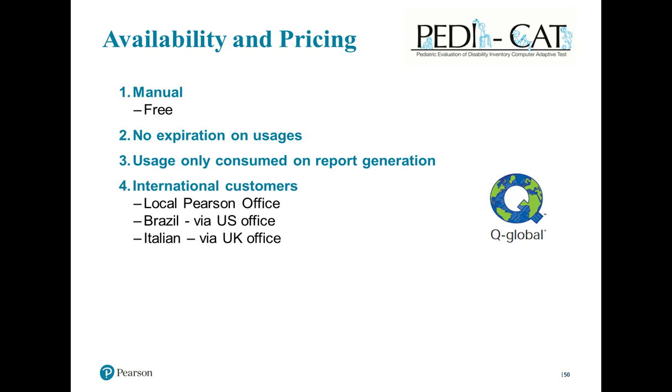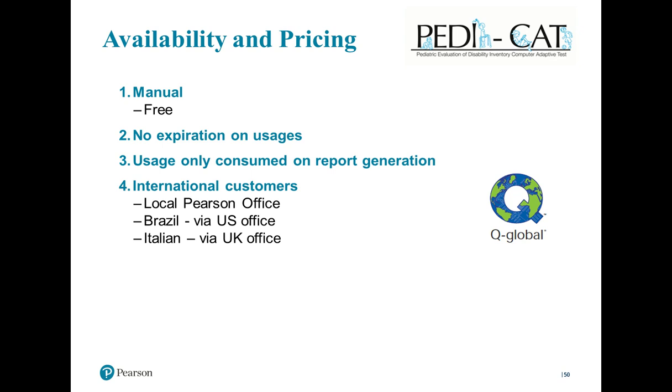So you can administer the assessment as many times as you want, and you only get charged for it when the report is generated. So if you happen to send a link out to a caregiver and that link is lost and that assessment is never completed, you haven't paid for it. And that's one of the beauties of it over a paper questionnaire, where that protocol could get lost and you've had to pay for the protocol. This way, you are only charged when you actually generate the report.